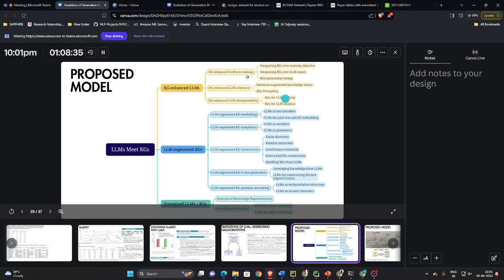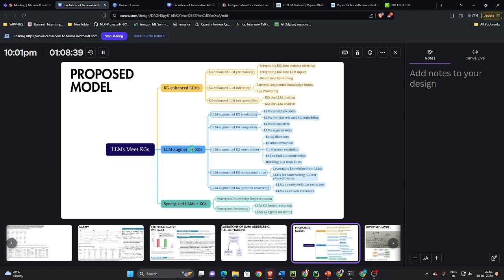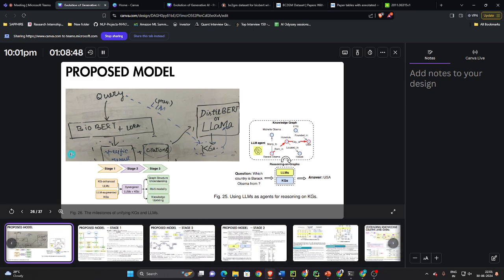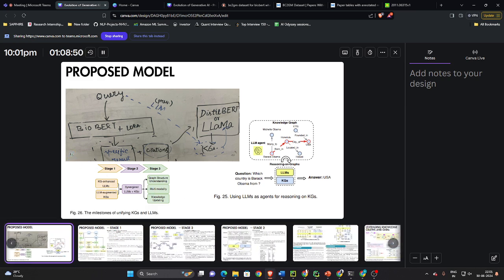Which we saw right over here: how we build knowledge graphs using LLMs, how knowledge graphs help LLMs to retrieve information, and how both of them work together. Whatever corpus has been in circulation up till now essentially believes in sending in queries, giving them to the LLMs, and building knowledge graphs effectively.